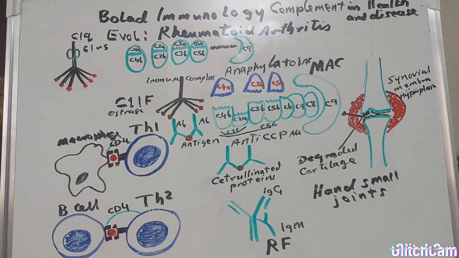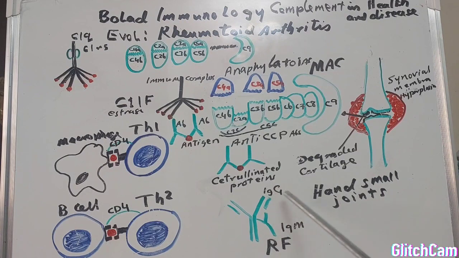And also it has been mentioned that some individuals may produce IgM antibodies against their own IgG. So here is IgG, which acts on antigen, while this IgM acts on antibody.